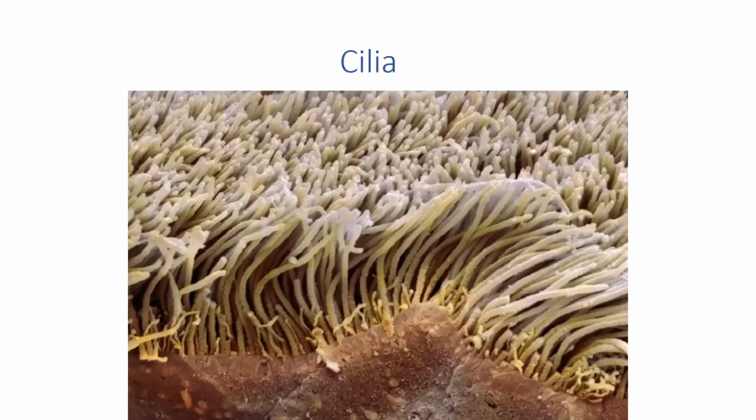This is what you would see in the fallopian tube, the oviduct, or the uterine tube. The egg would be drifting along here, and the cilia would be pushing it along, generating a current for the egg to drift towards the uterus. And that's how the egg gets there.